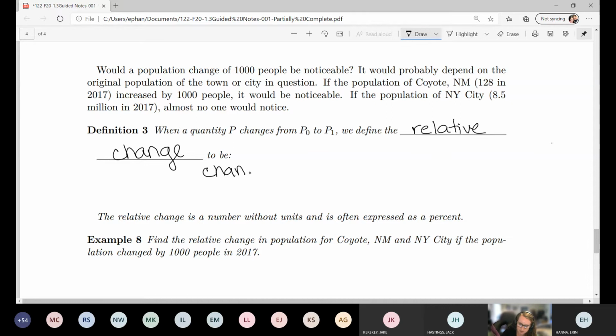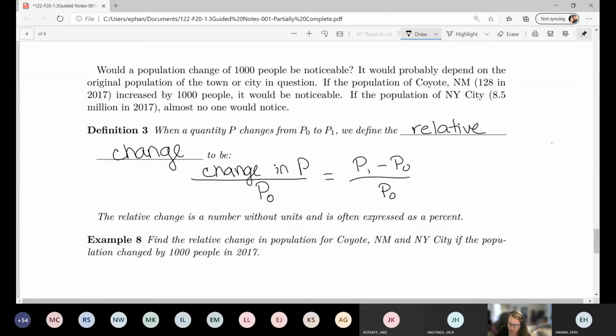It's going to be the change in P over P0. Or if you prefer, P sub 1 minus P sub 0, over P0. So the ending value minus the beginning value over the beginning value.